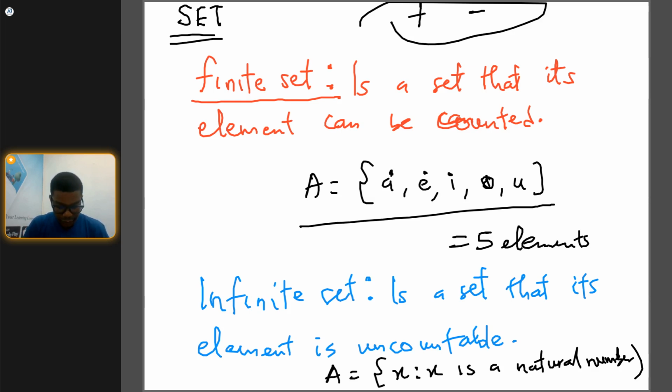So we've defined what a finite set is and what an infinite set is. Now we'll proceed to a disjoint set. Permit me to clean the board.